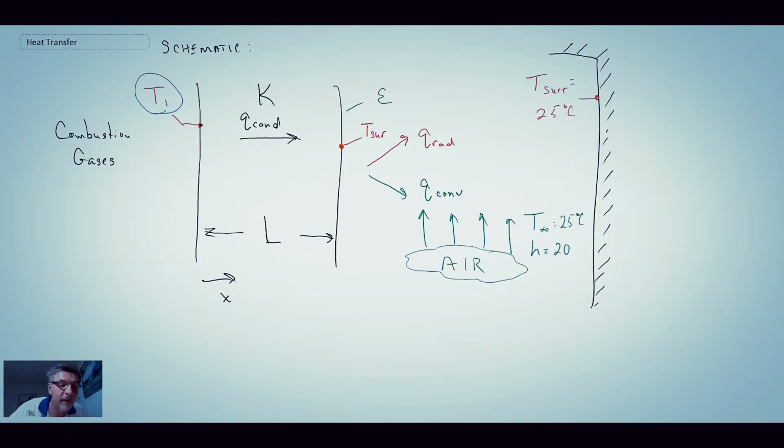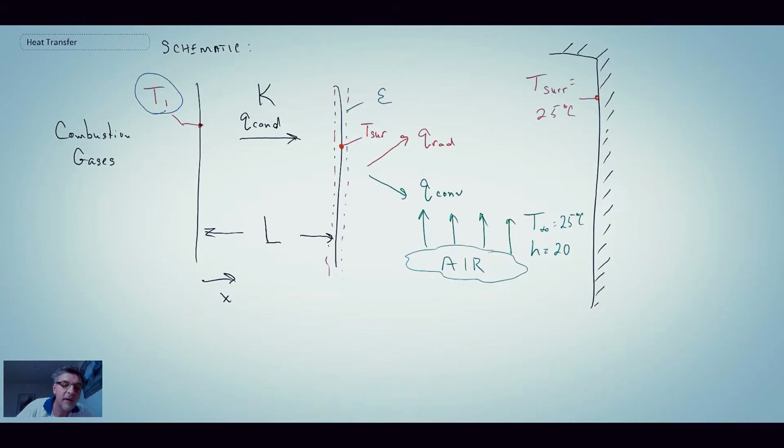And in order to do that, we're going to do this surface energy balance. So let me draw that in here, because that is where conduction is going to go into both convection and radiative heat transfer. So that will be our surface, the surface where we're going to apply the surface energy balance.